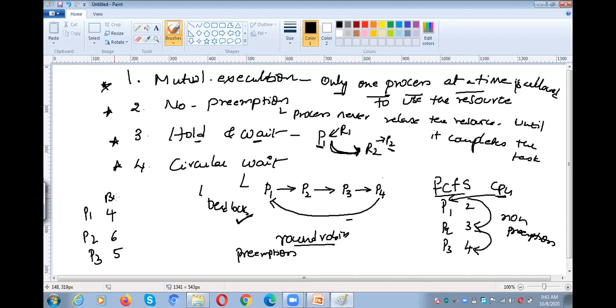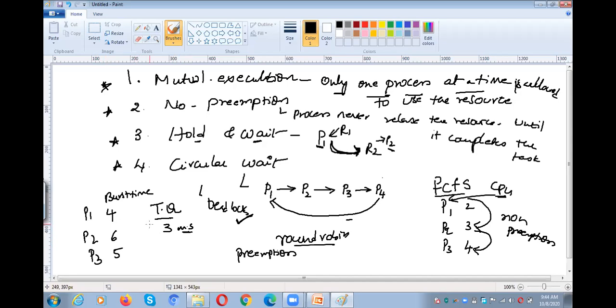This is called burst time. What is the time quantum here? Let's say the time quantum is 3. So how much time will the CPU be allocated to each process? Each process is given only 3 milliseconds of CPU time.